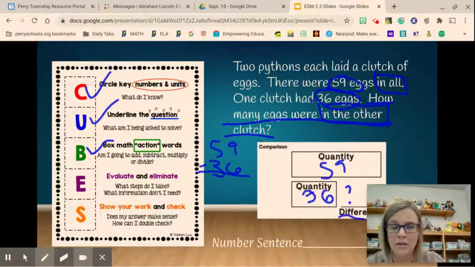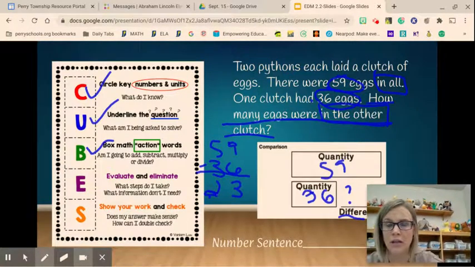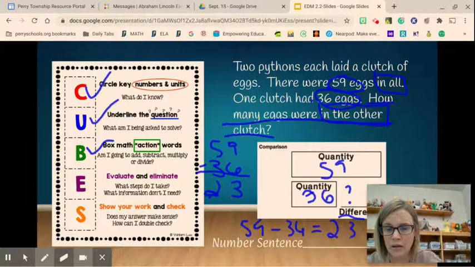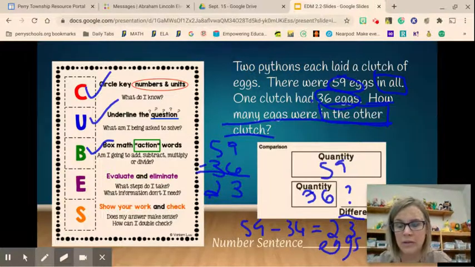I'm going to have 9 minus 6 is 3, 5 minus 3 is 2. So the other clutch had 23 eggs. My number sentence is going to be 59 minus 36 equals 23 eggs. We need to remember our unit when we're doing these types of problems.